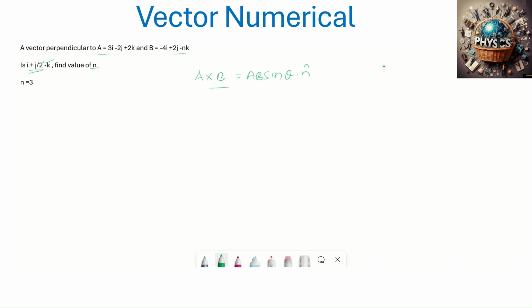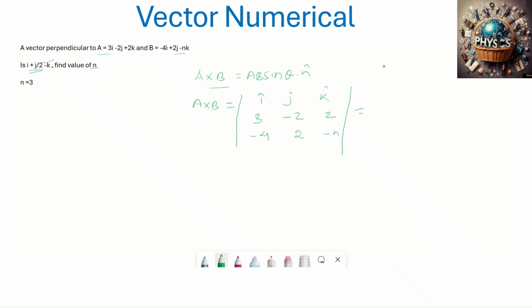So let's do A cross B. In the determinant form, it will be i, j, k, then 3, minus 2, 2, and minus 4, 2, minus n. So let's find this out.